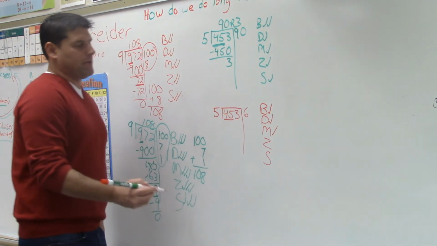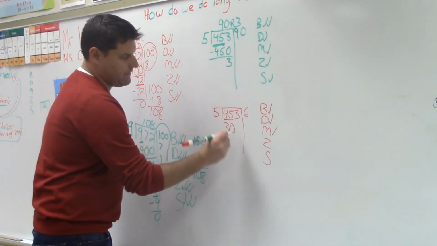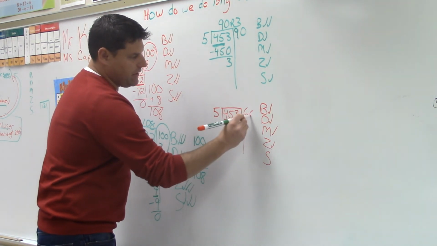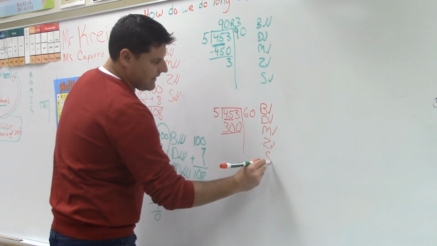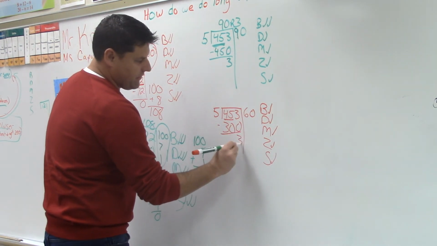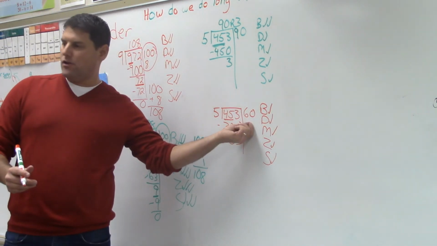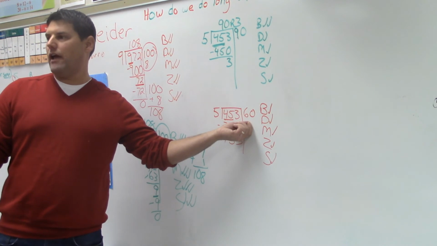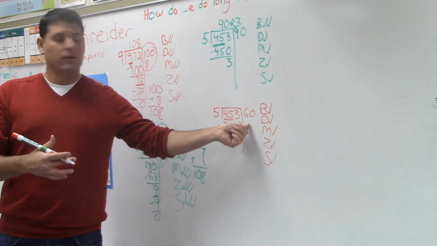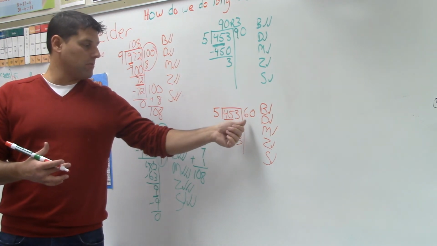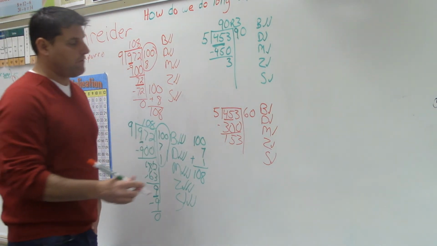Now I'm going to do my multiplication. 6 times 5, 30. Add my 0, 1 0 here, 1 0 there. Remember, 2 places. Okay, now I do my subtraction. 15. Now it's okay to not know your multiplication. It's okay as long as whatever number we're picking to put out here in our division answers and use as our multiplier is going to be lower than what we're dividing into. As long as it's lower, we're fine.